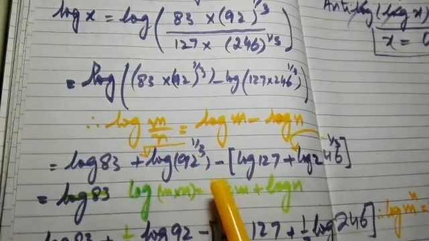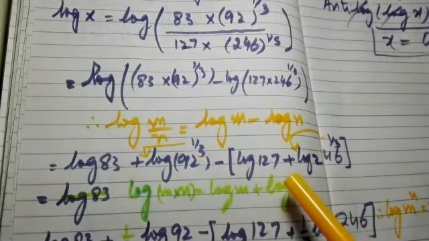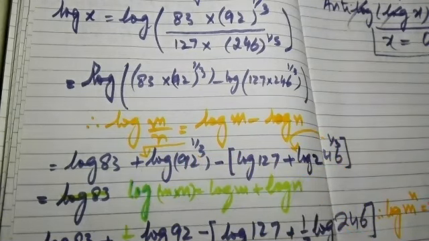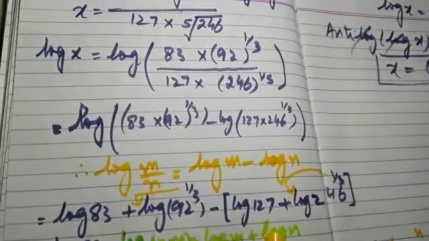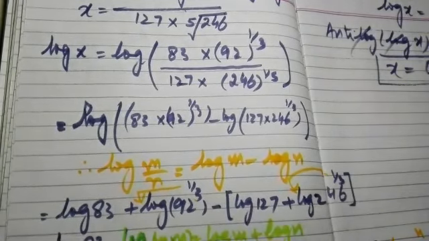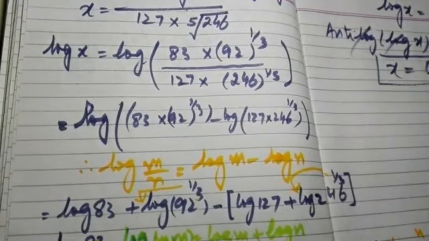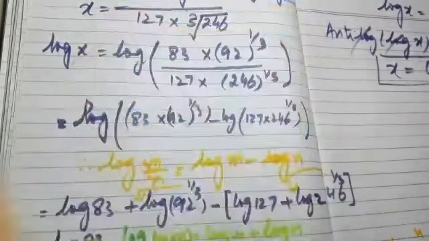And in the next step, this power 1 by 3. There is a slight correction in the question. Instead of taking 5, I have taken it as 3 as well.